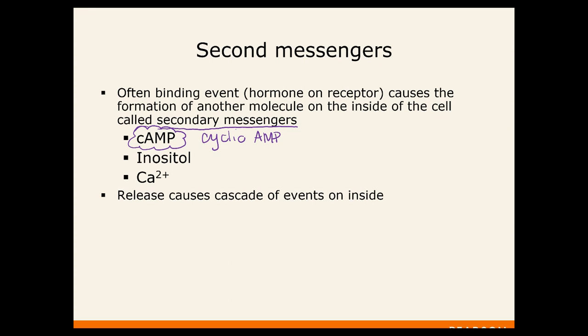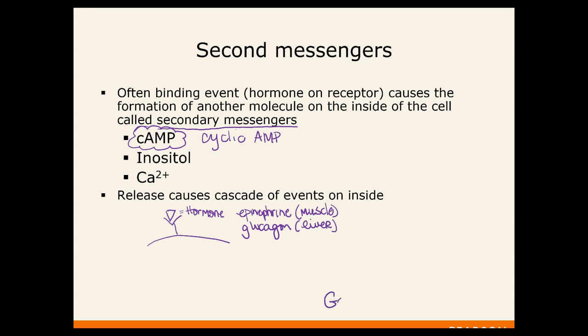The interesting part about what's happening here is that when that hormone binds, so here's our hormone, epinephrine in muscle, or glucagon in the liver.